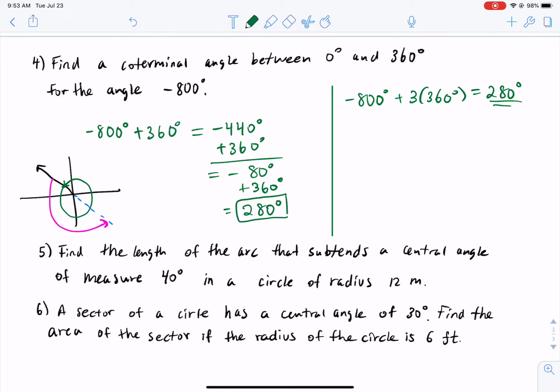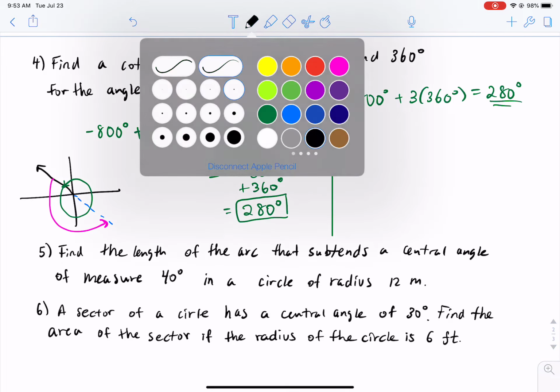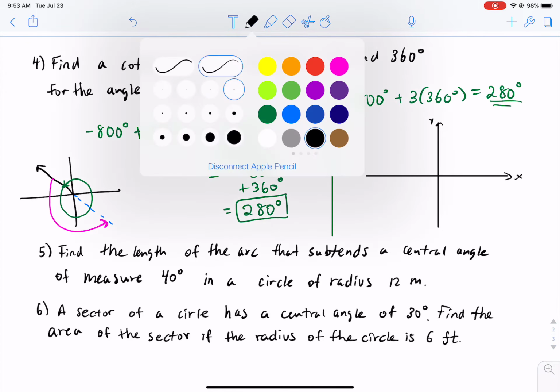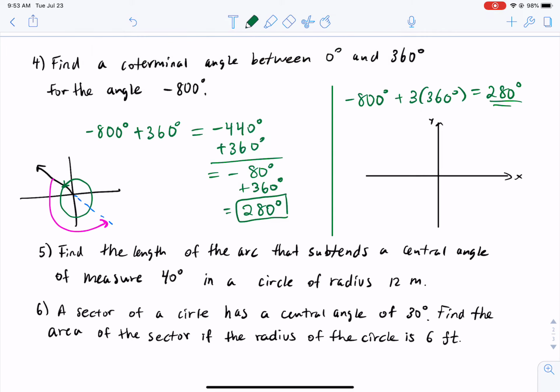So if you are thinking about this as a diagram, which is not required, the negative tells you that you went clockwise, right? Yeah, clockwise. So how many times did you go around the circle? This is once, twice, 3 times, plus what was it?